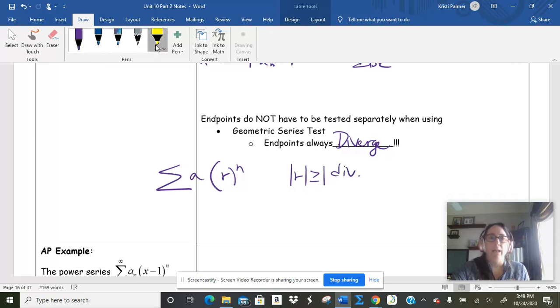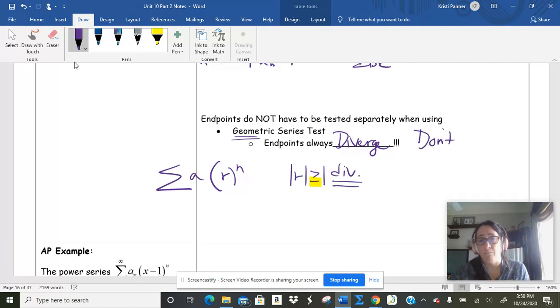So I know what happens at that equal to part in this case. In the ratio test, the equal to 1 was IDK. But in the geometric series test, when they're equal to 1, I already know that diverges. So if it's geometric, we don't have to check endpoints.